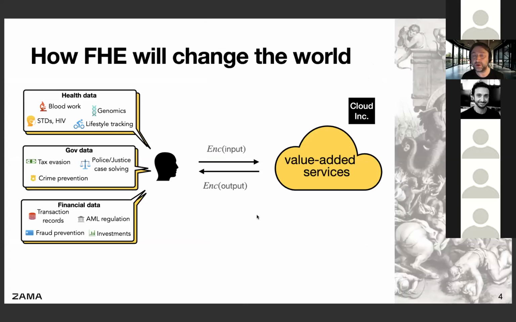cloud-based services. It's usual that you have some kind of cloud-based service operated by some company, let's say Cloud Inc. Right now they provide value-added services by aggregating data, but of course, because there are a lot of privacy threats in real life, you don't have a strong guarantee of the confidentiality of your data.